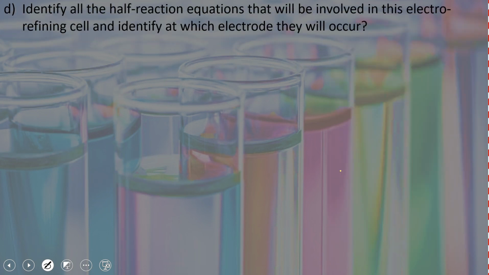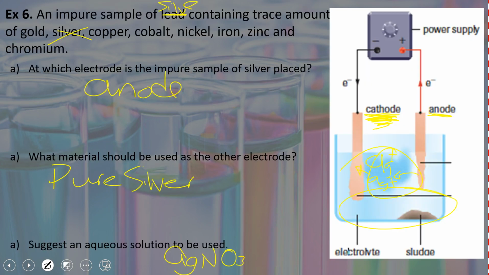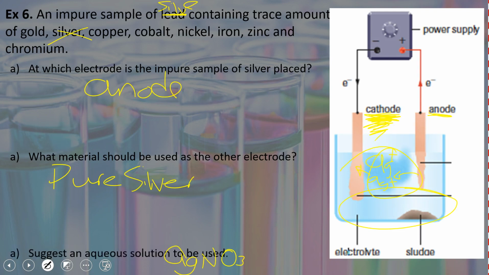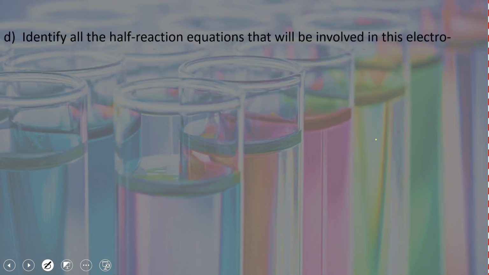Identify all the half-cell equations that would occur in the electrorefining and identify at which electrode they would occur. And so at the cathode, what reaction is happening, or what would I be producing at the cathode?